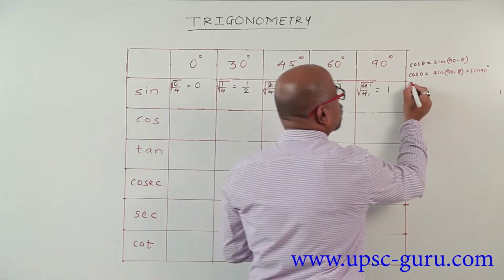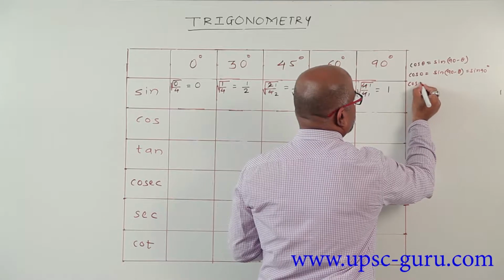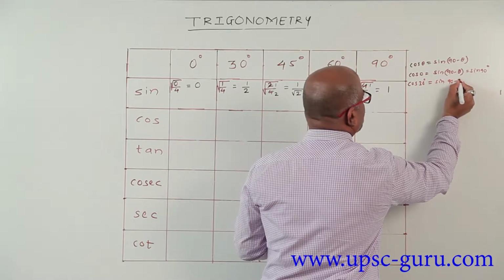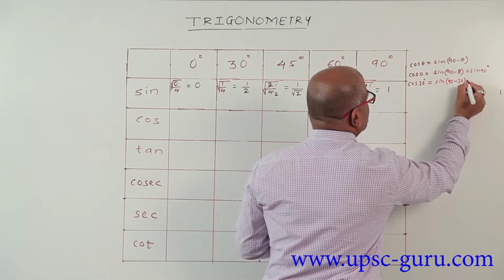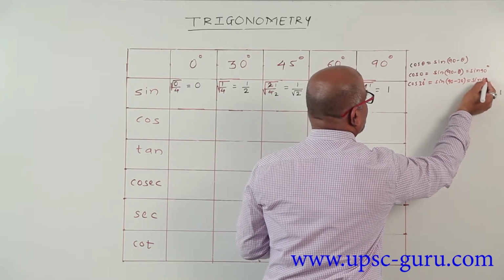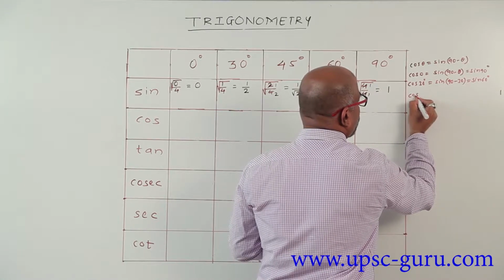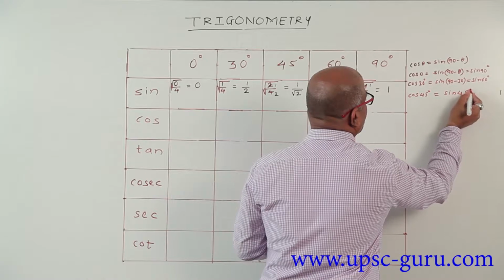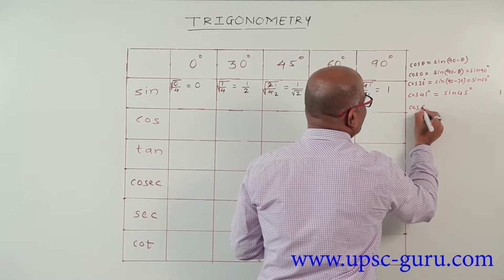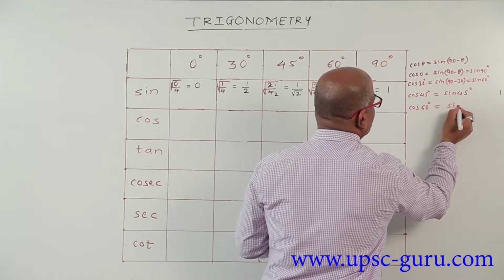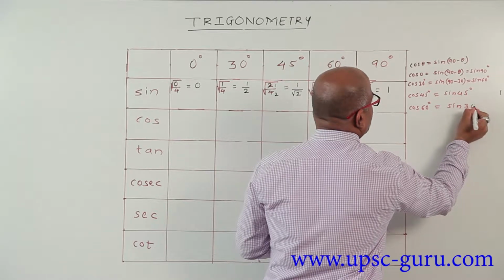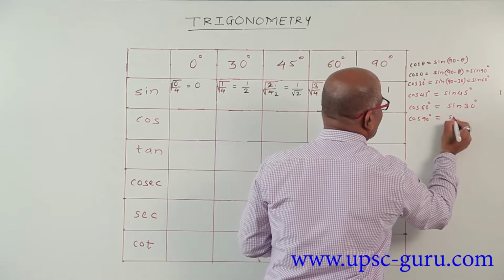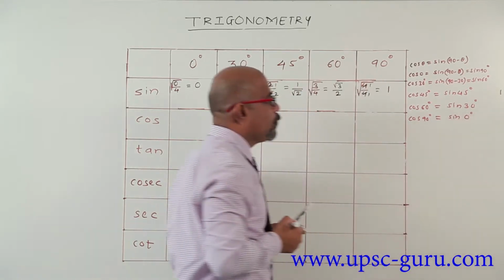Then cos 30 degree is sine 90 minus 30, that is sine 60 degree. Similarly, cos 45 degree equals sine 45 degree. Cos 60 degree equals sine 30 degree and cos 90 degree equals sine 0 degree.